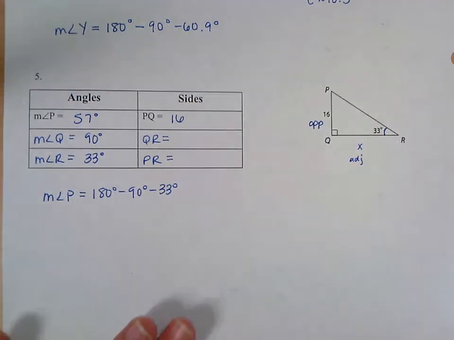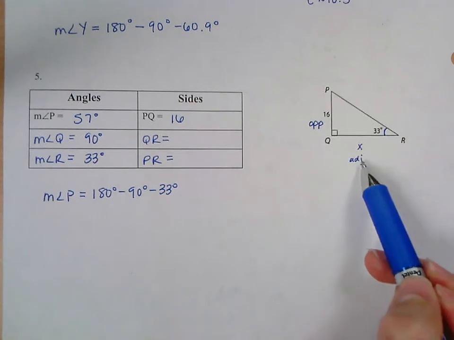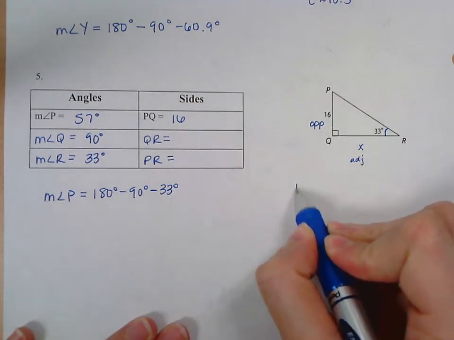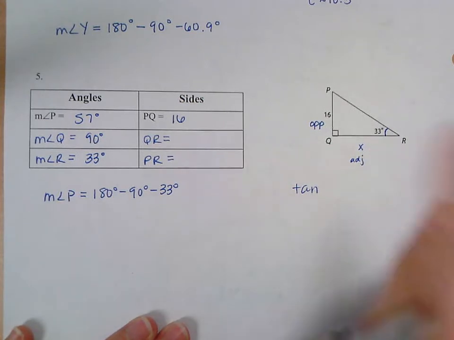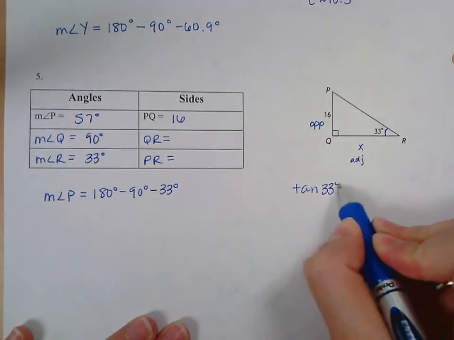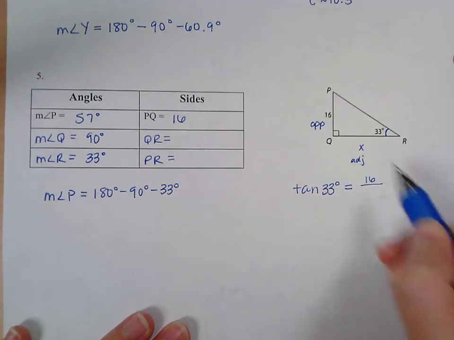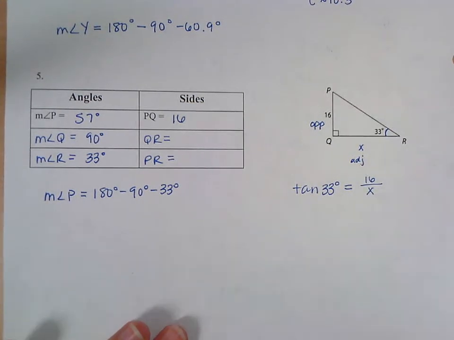So which trig function, sine, cosine, tangent, am I going to use? Tangent, because I have opposite and adjacent. I have O and I have A. So I would say tangent of, I know my angle is 33, equals the opposite is 16 over the adjacent. I'm calling X for right now.